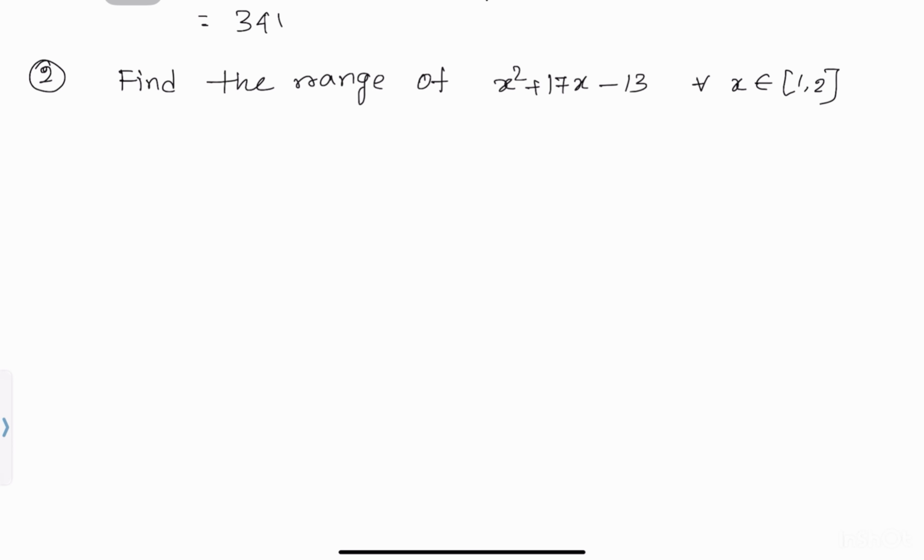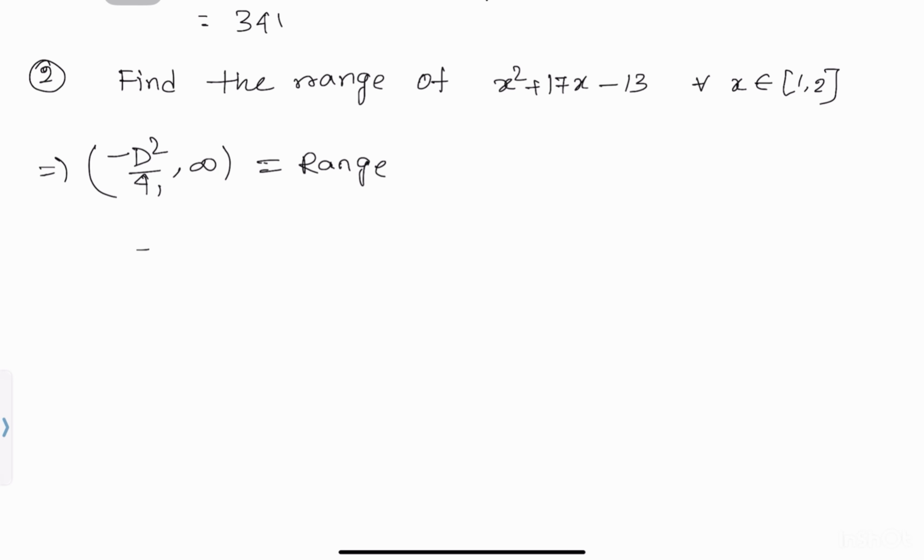Look here, there is one restriction, which is 1 comma 2. You have to find the range between 1 and 2. First find the range the general way. Compare with the range, which is minus d square by 4a comma infinity. This is my range.